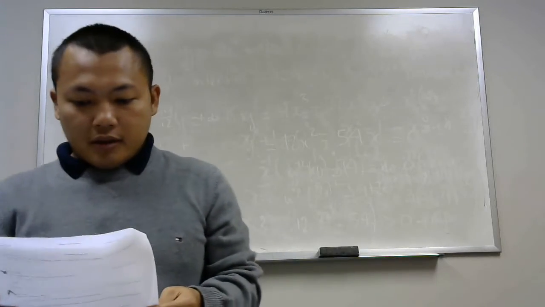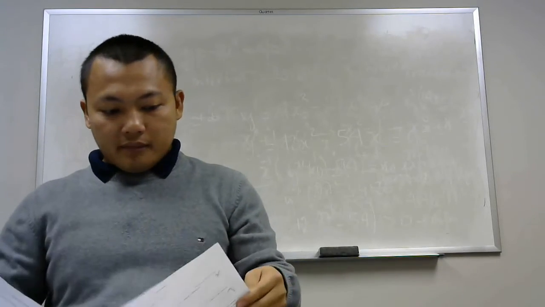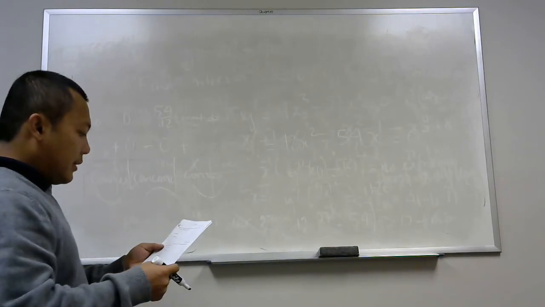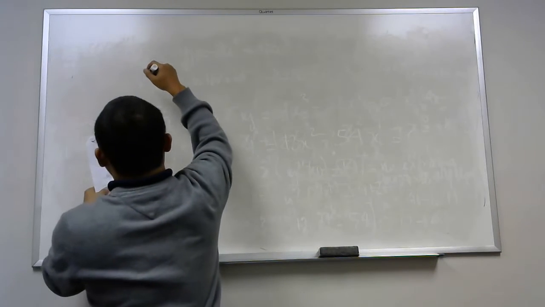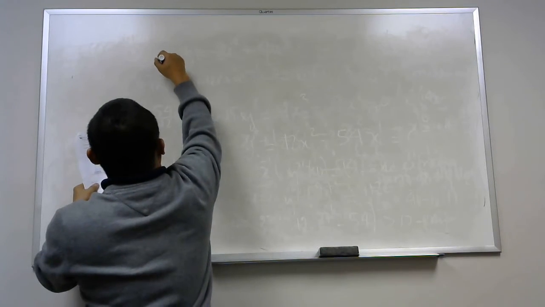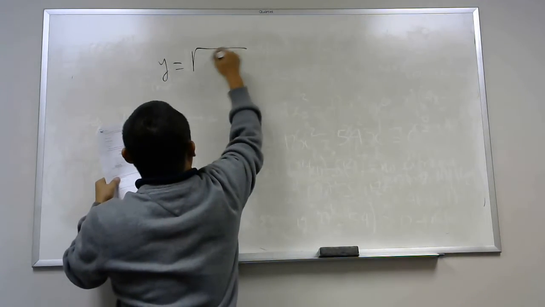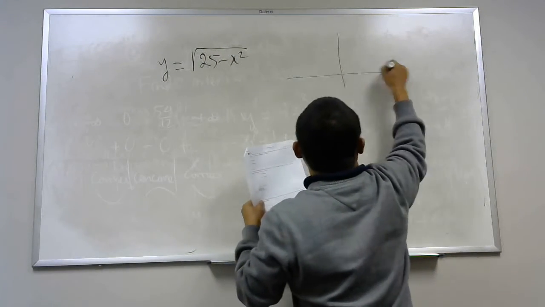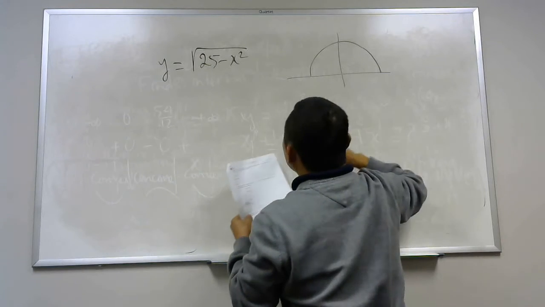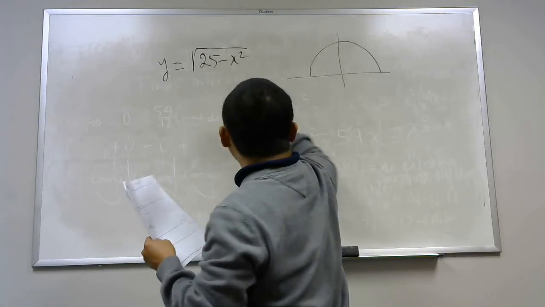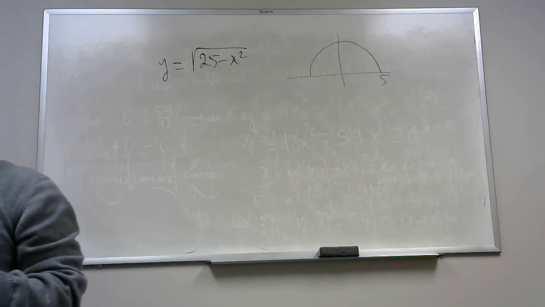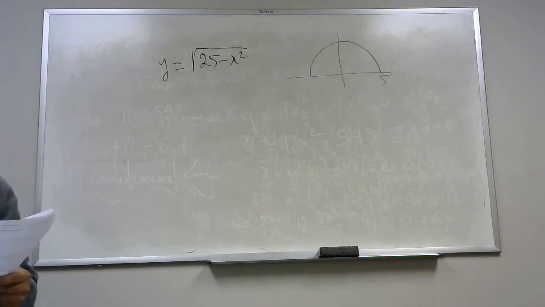All right, so let's move to the next problem, problem 9. You have some circle, and this circle looks like this. It's just half of the circle. The radius is equal to 5, and the center of this circle is at the origin.